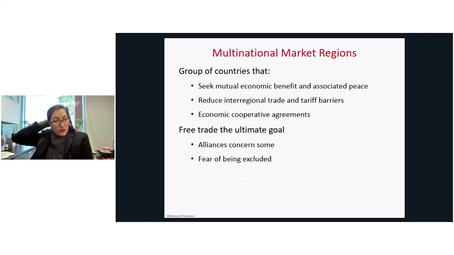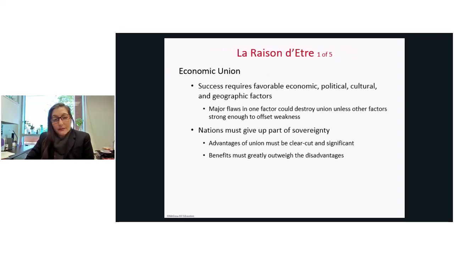They are designed to reduce interregional trade and tariff barriers, and they're deliberately making agreements to cooperate economically. Free trade, of course, is the ultimate goal, and while some alliances are concerned about these free trade agreements, the fear of being excluded is actually greater.